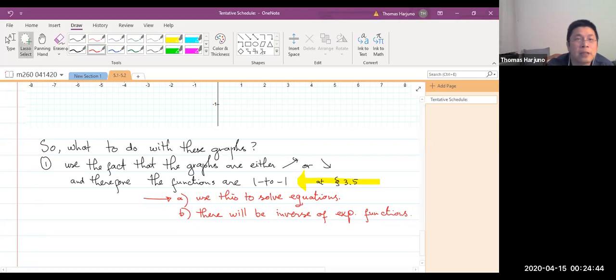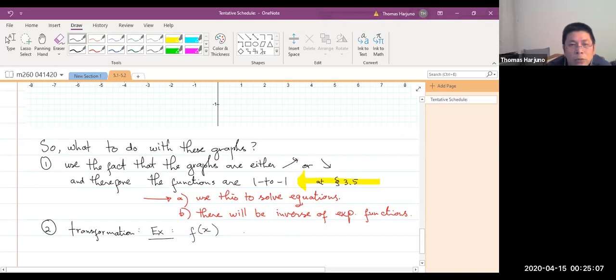Okay, now the second thing we will do with this graph, which I think I will do after the break, is transformation. For example, later on we will learn to graph the function f(x) equals 2 to the (x plus 3) minus, let's say, 4.